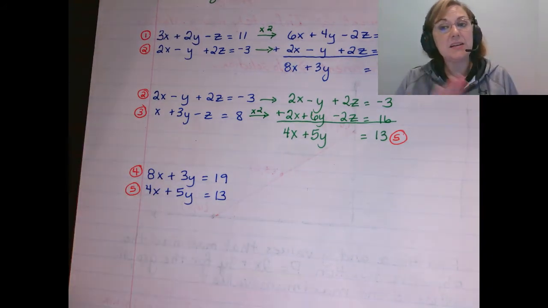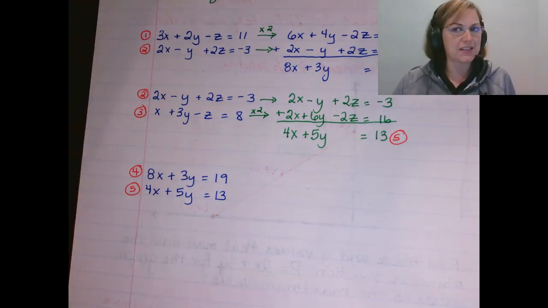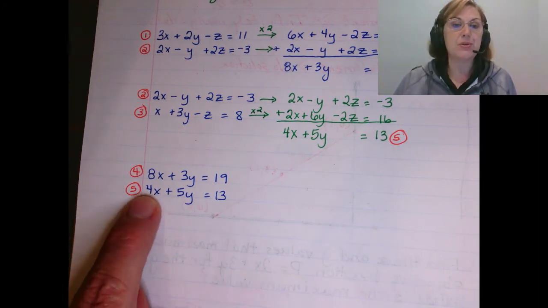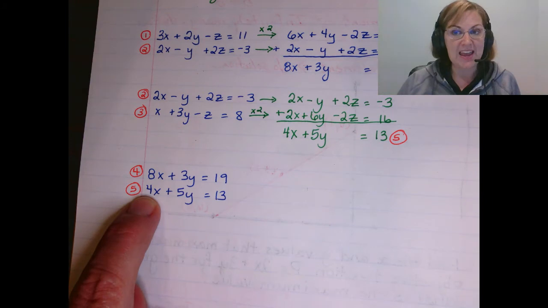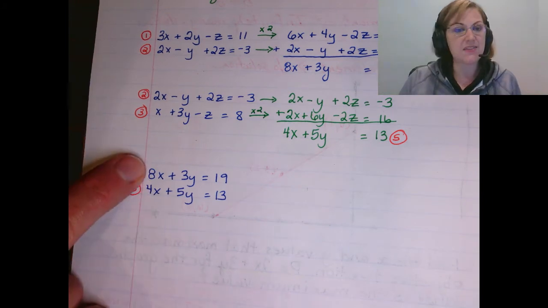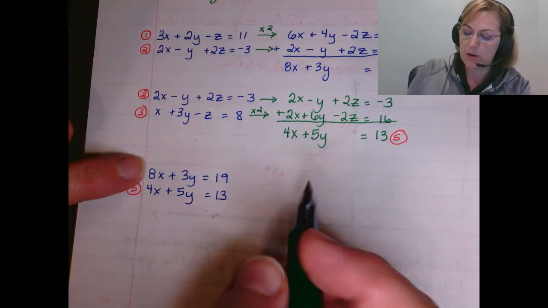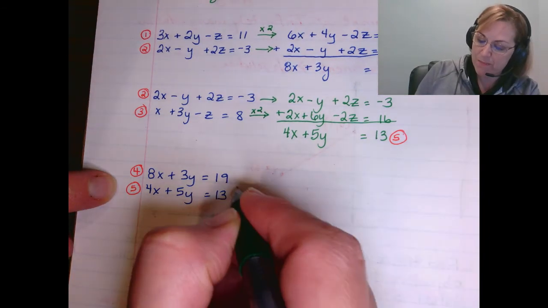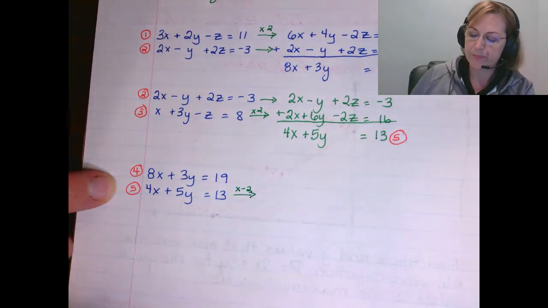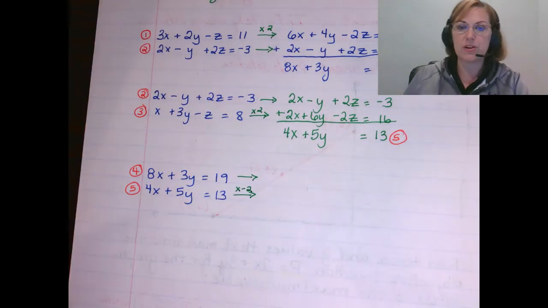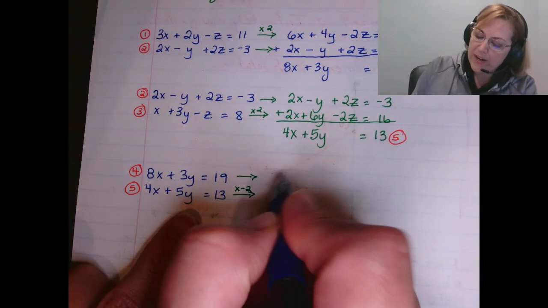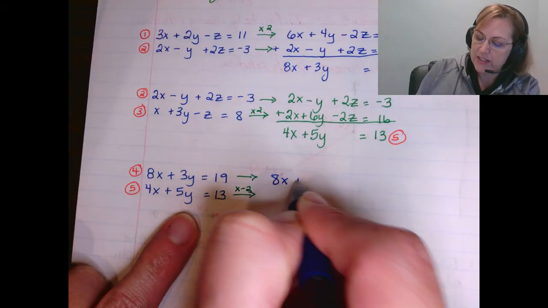And I can eliminate either variable here. It looks like it's a little bit easier to eliminate the x variable. So I'm going to need a negative 8 here since there is a positive 8 in equation number 4. So I'm going to multiply equation number 5 by negative 2. And I'm going to leave equation 4 alone.